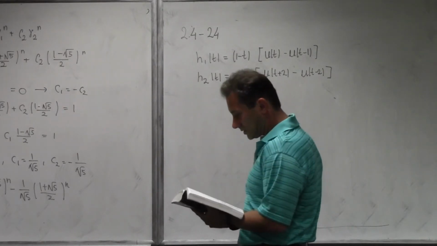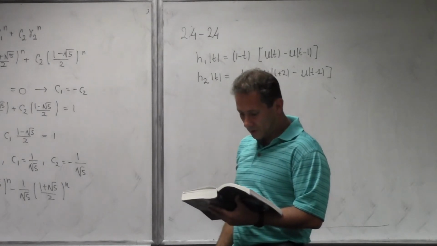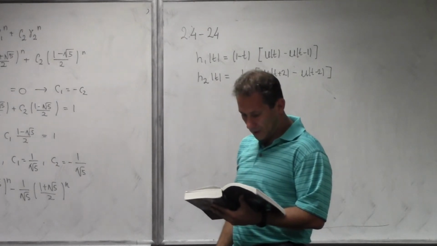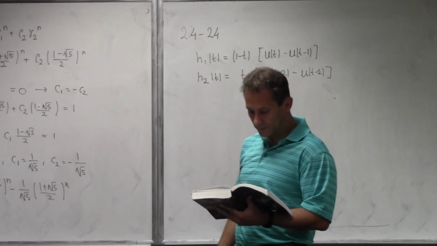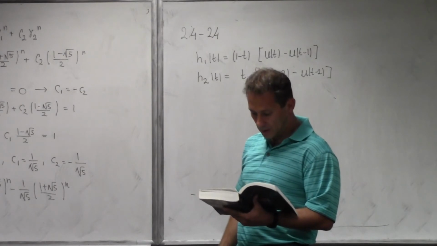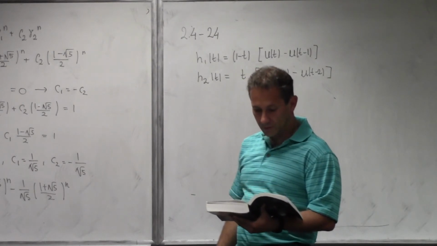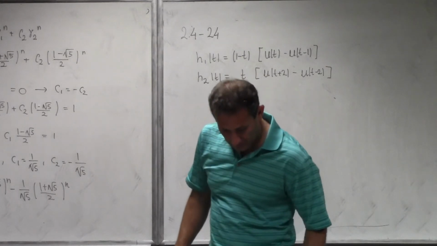Carefully sketch the functions H1 and H2. Assume that the two systems are connected in parallel. Carefully plot the equivalent impulse response. Assume that the two systems are connected in cascade, and carefully plot the equivalent impulse response. Okay.